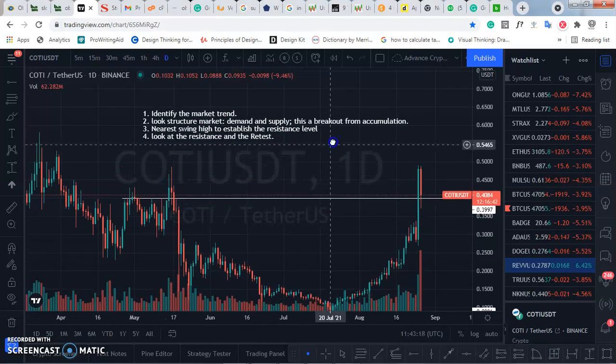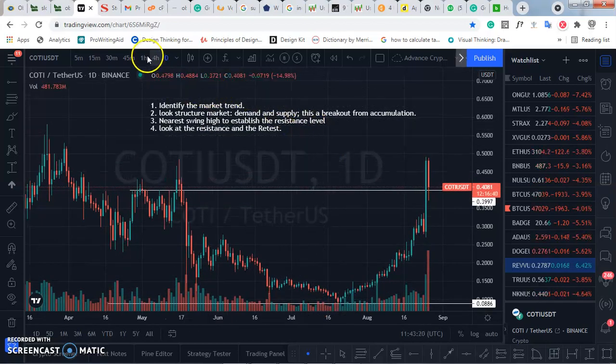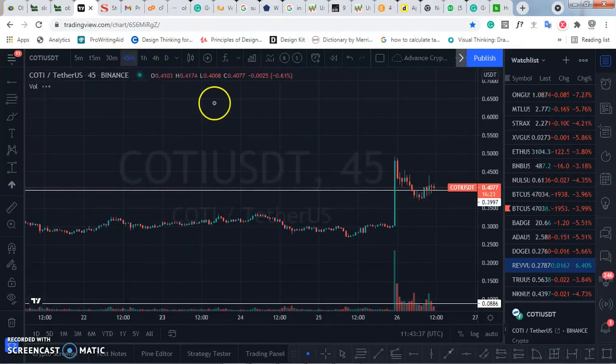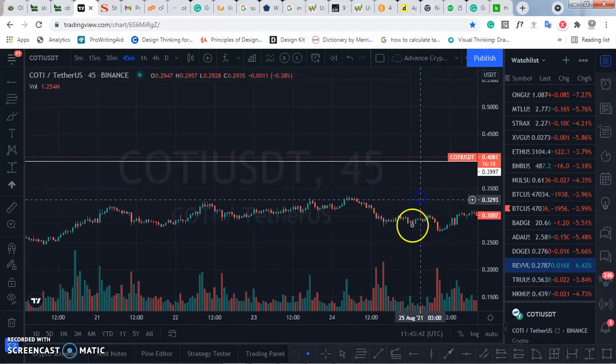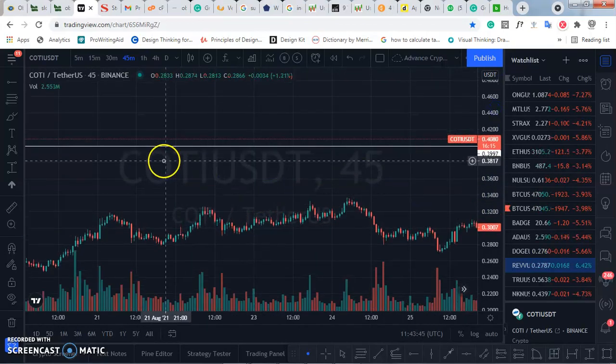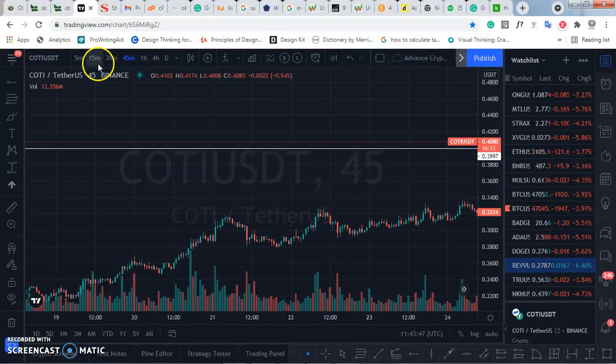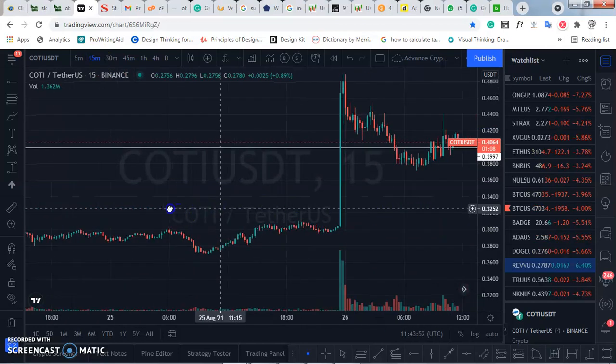So now our work on the 4-hour and day time frames, the longer time frames, is done. We channel our attention to trading the strategy. We have established this, so the next thing to look at is that we move to the 45 minutes time frame, and sometimes you need to go a little bit lower to the 15 minutes time frame.